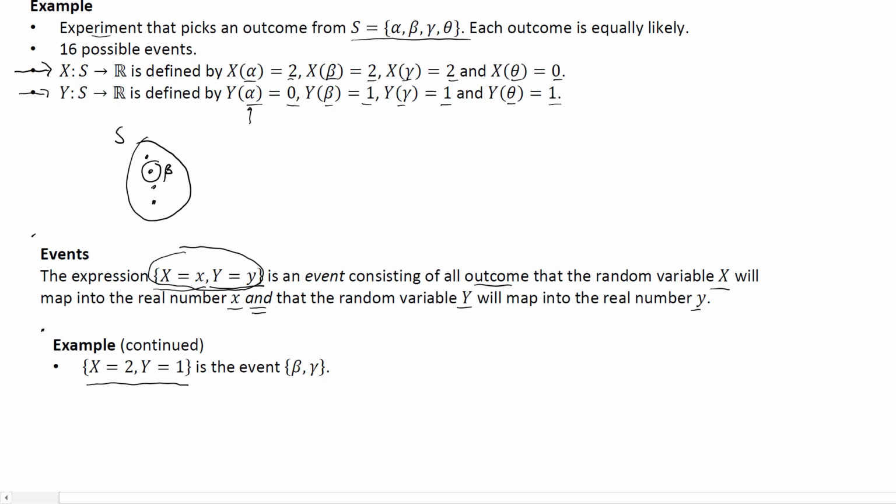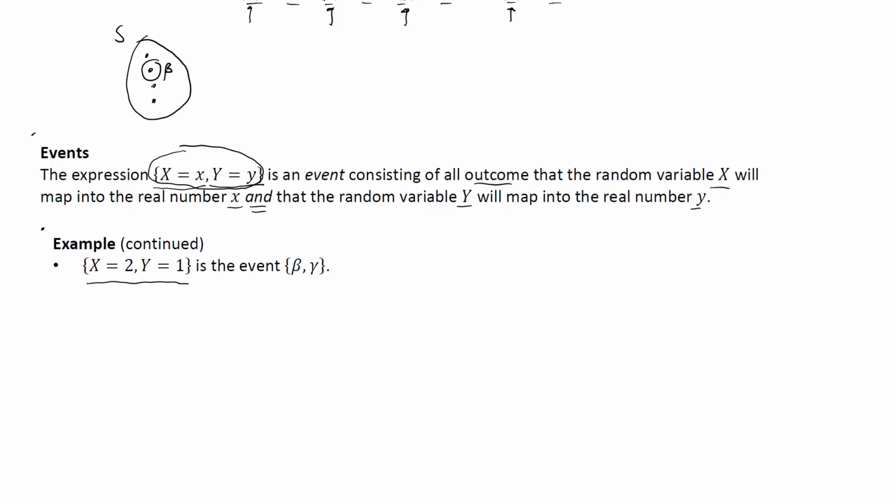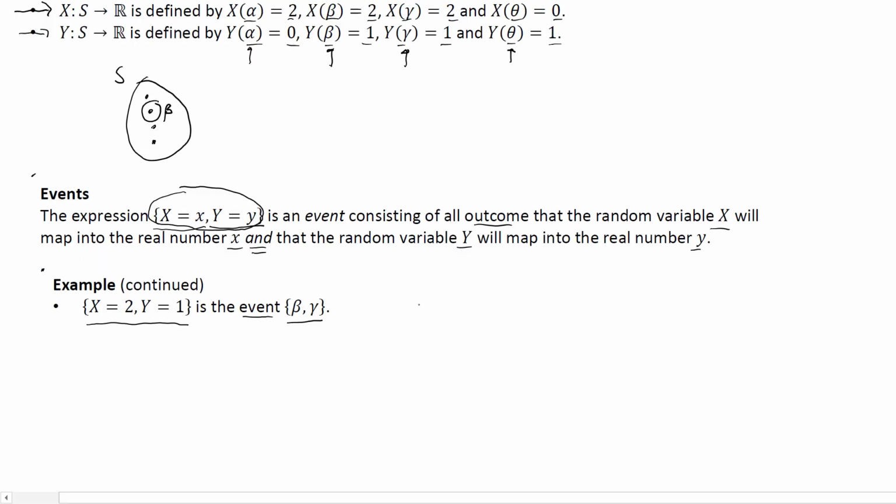And it's an AND statement. Both of them must work. Beta will work on the other hand. X will map beta to 2 and Y will map it to 1. Gamma will work as well, while theta will not. So the event x equal to 2, y equal to 1 is exactly the event consisting of the outcomes beta and gamma.